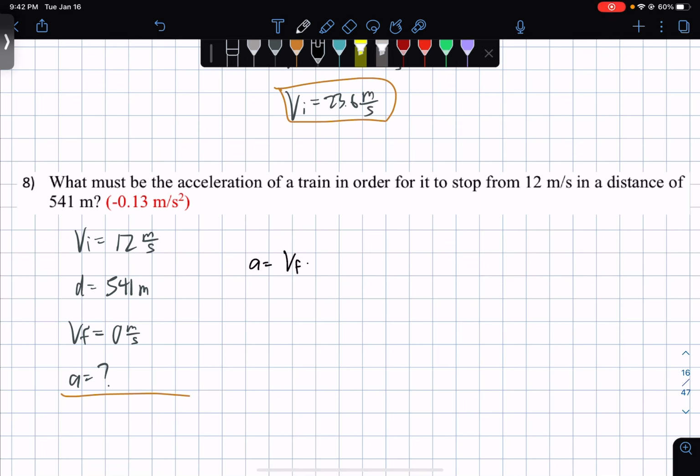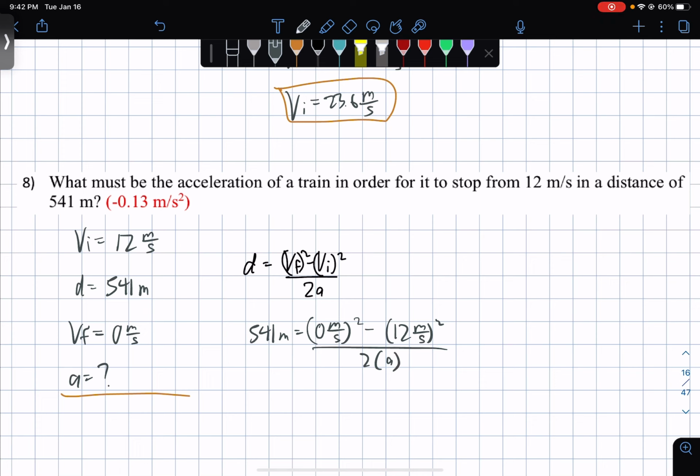Acceleration is equal to Vf minus Vi over 2a. Sorry, distance. Yeah, this formula is the one we have to use. Distance is 541 meters. Vf is 0 meters per second minus Vi is 12 meters per second over 2a. 2a multiplied on both sides, 541 times 2 is 1082.